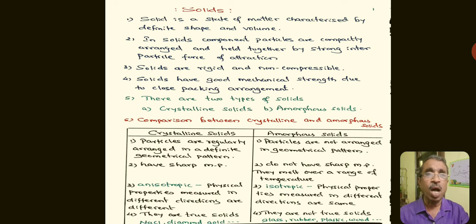Crystalline solids are the true solids. Example: sodium chloride, diamond, gold, etc. Amorphous solids are not true solids. Example: glass, rubber, plastics, etc.